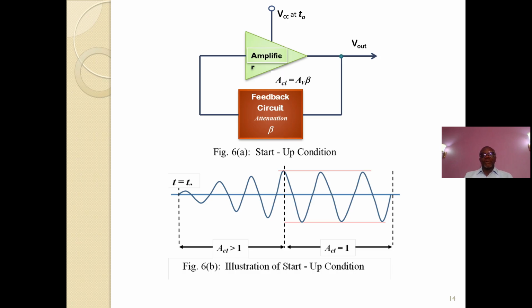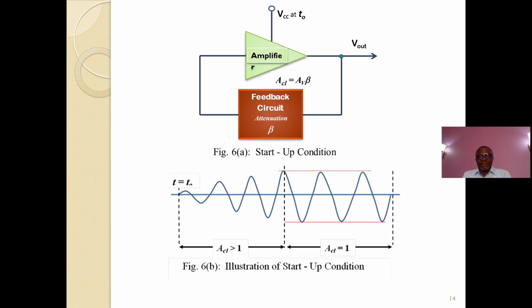If you look at figure 6b, you see that at T equals T0, the amplitude of the signal produced is small. We say that this output is fed back and further amplified. It gets to the second amplitude. That is fed back and it gets back. So we say that at that initial time, the gain must be greater than 1.